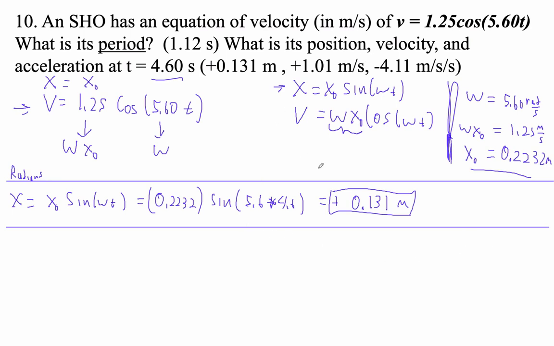What is its period? Oh, we never found out its period. We can do that though. I'm going to use the fact that omega is 2 pi over T, so therefore T is 2 pi over omega, which is 2 pi divided by 5.6.